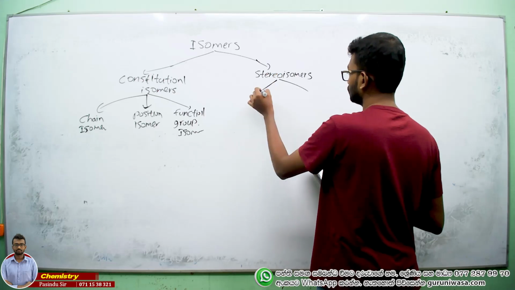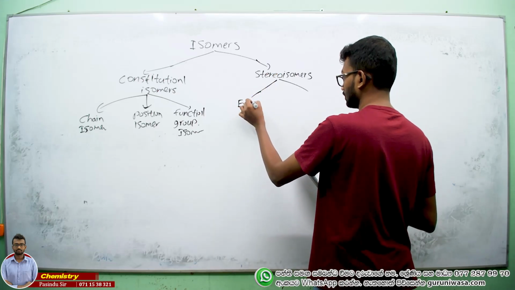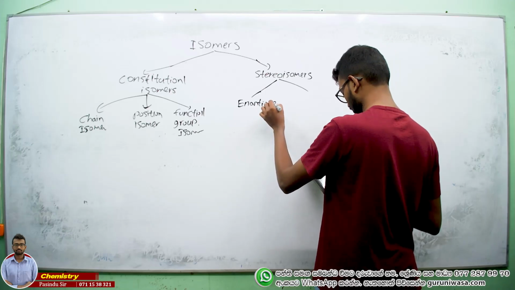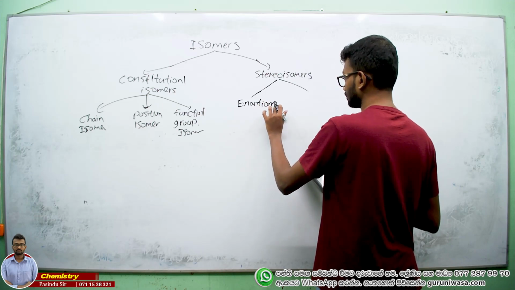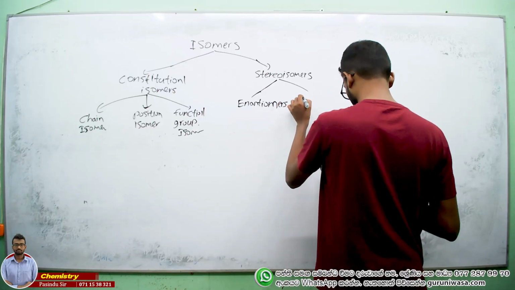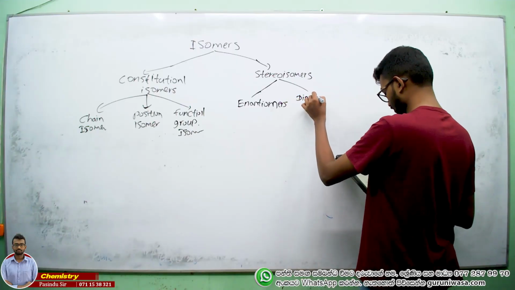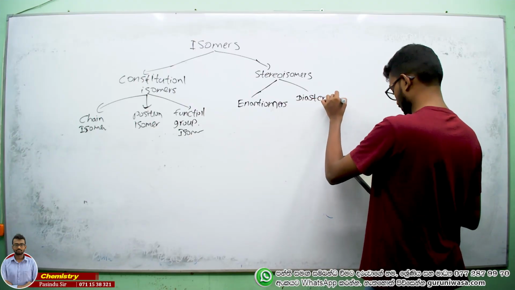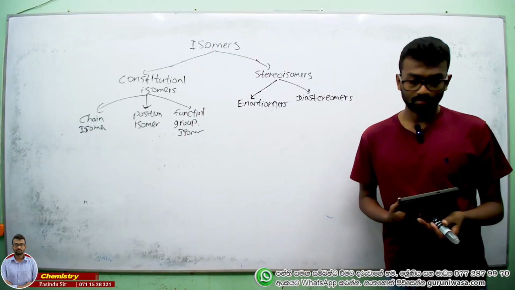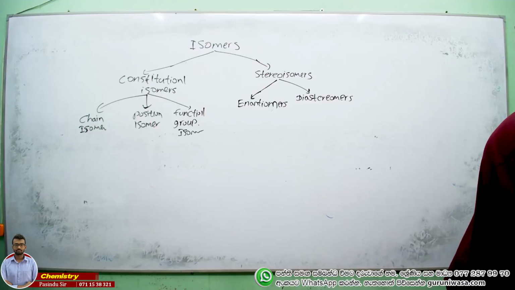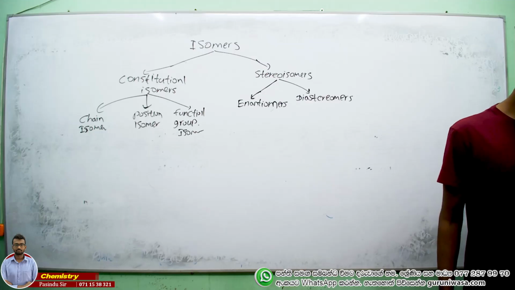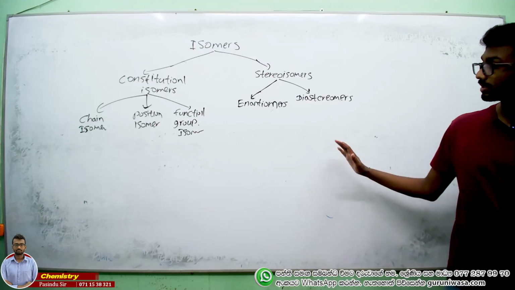Then it's divided into two. Those are called enantiomers and diastereomers. Right. So write down this classification.